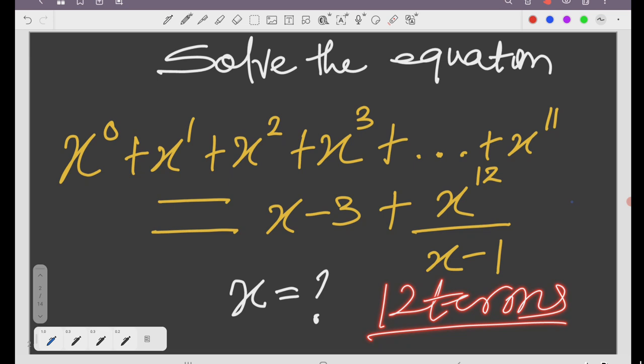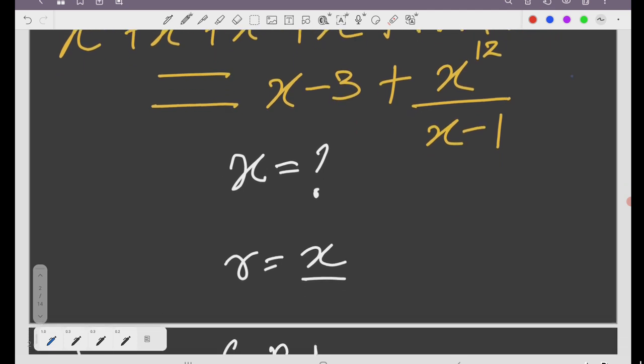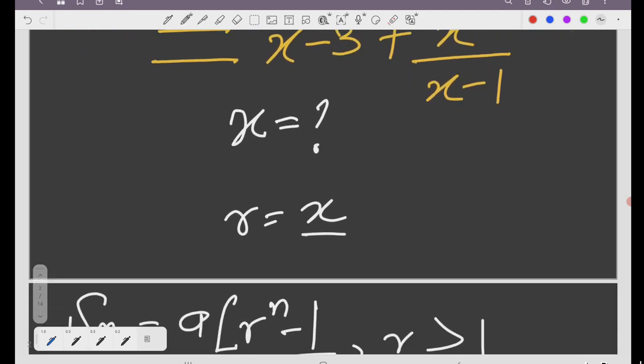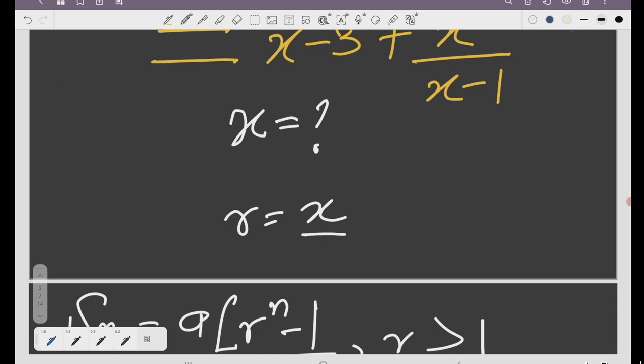So in giving you 12 terms, what are we to consider? The most important thing to consider in this question is the common ratio. We have gotten the common ratio of this question, which is x, so r is equal to x.